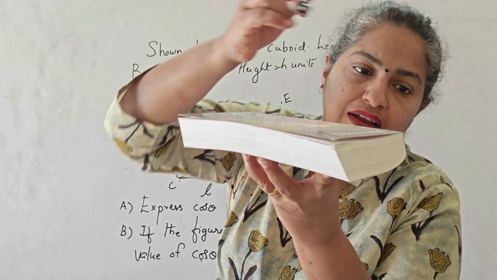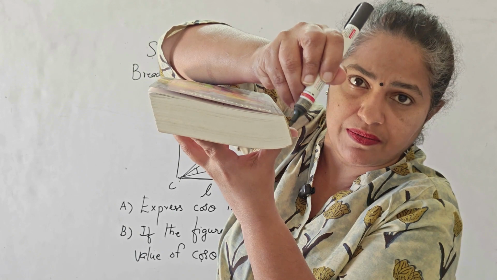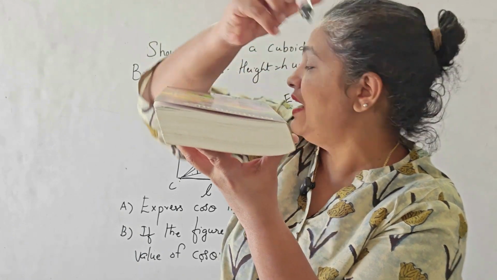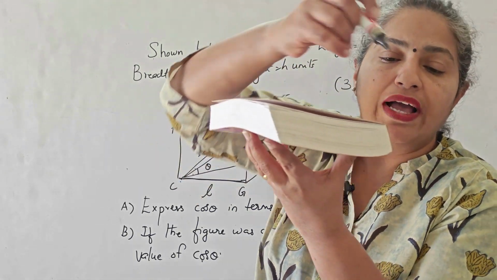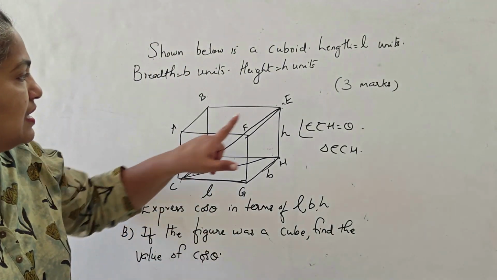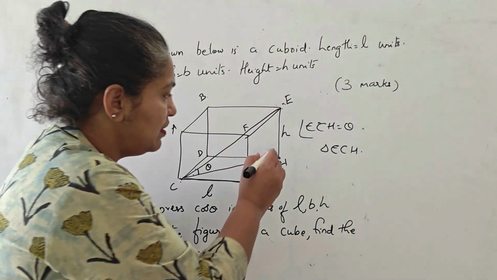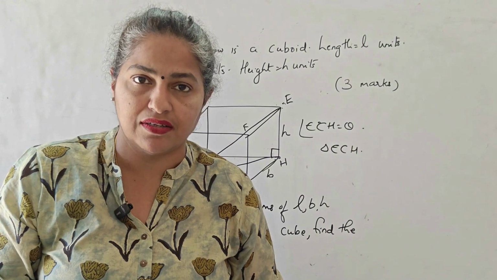This particular diagonal which ends at this corner H is at right angles to this side. What is this side? This side is actually HE. So I can say that there is a 90-degree angle over here, thus making ECH into a right angled triangle.